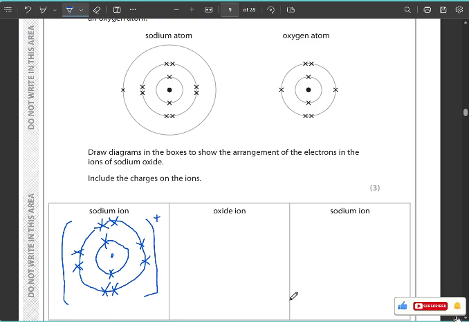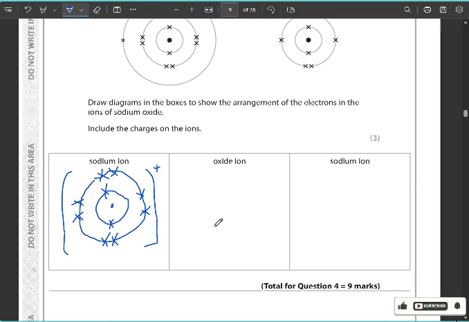And the oxide ion takes 2 electrons into its outermost shell.